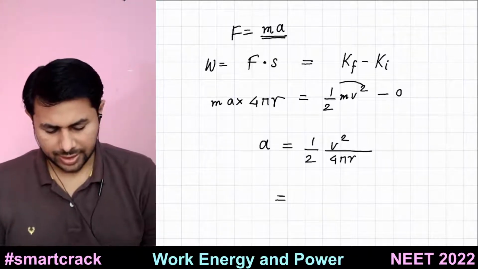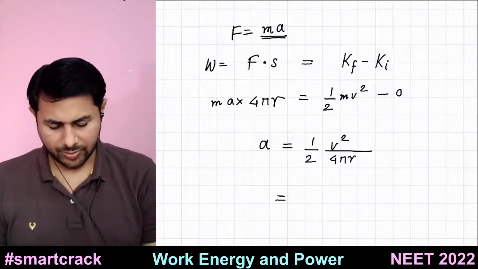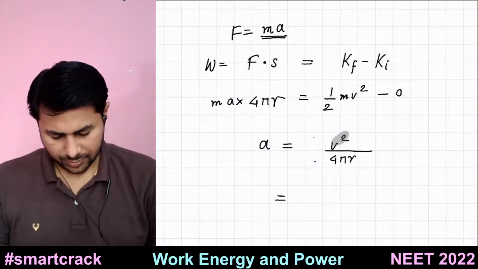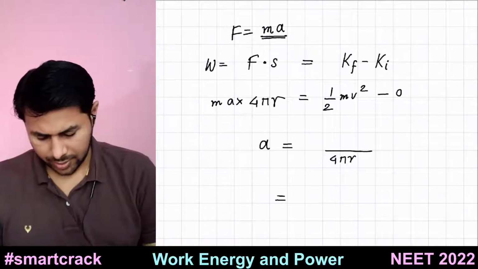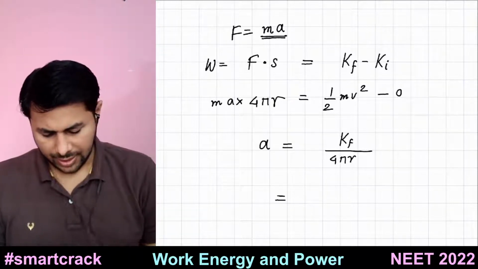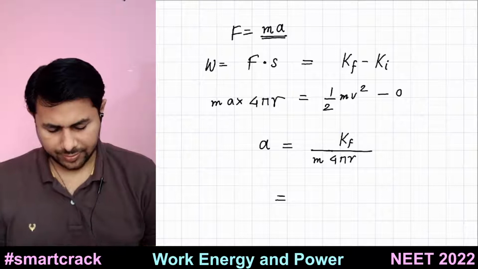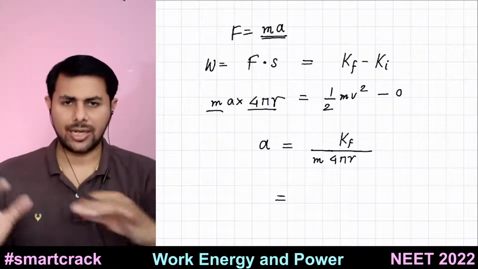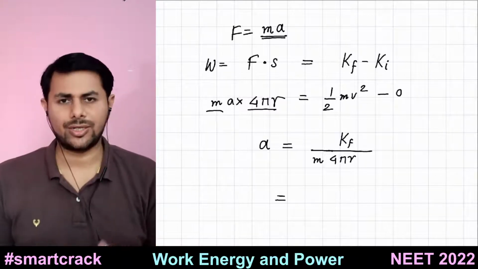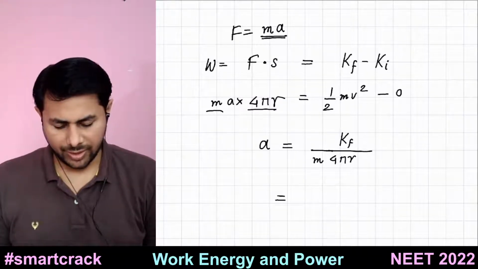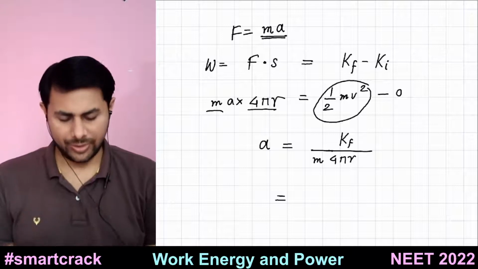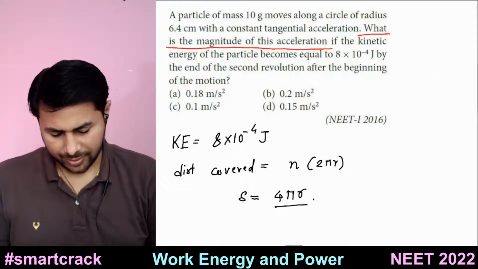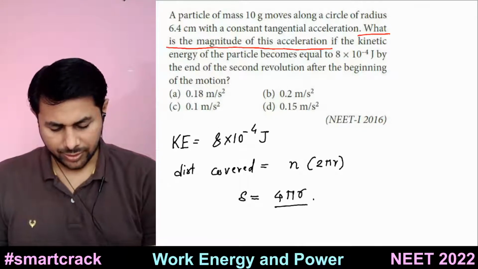So this is kinetic energy, final kinetic energy. We have direct formula for that. So let's keep it as it is. Okay, this is final kinetic energy, and let's move m on the other side. All right, so m into 4 pi r I have moved on the other side. I am not substituting kinetic energy equals to half of mv square. I am keeping it as kf only. Okay, so we have kf, value of kf, it's 8 into 10 raised to minus 4 joules.